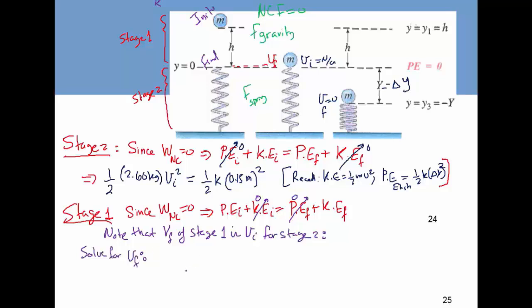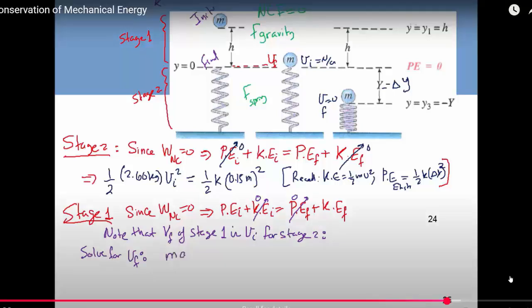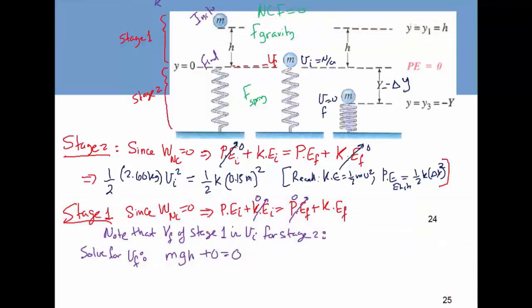So the initial potential energy is mgh plus 0, equal to 0 plus the final kinetic energy, which is 1/2 m v final squared. And we plug the values. The mass is 2.6 kilograms, g is 9.8 meters per second squared.